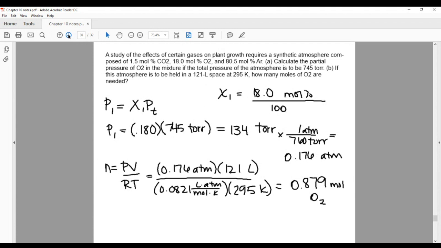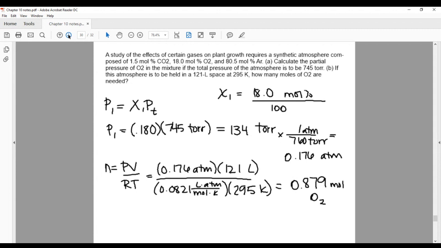All right. A study of the effects of certain gases on plant growth requires a synthetic atmosphere composed of 1.5 mole percent CO2, 18.0 mole percent O2, and 80.5 mole percent argon. Notice it doesn't say mole, it says mole percent. So if you see mole percent, that means mole fraction.